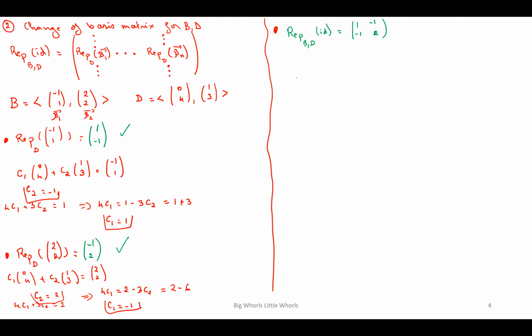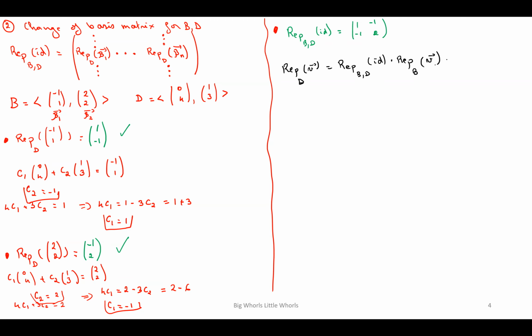Basically it says that if we are actually right, then the representation of the vector V with respect to D, the new basis, is going to be equal to the change of basis matrix of the identity map multiplied by the representation with respect to B of V.